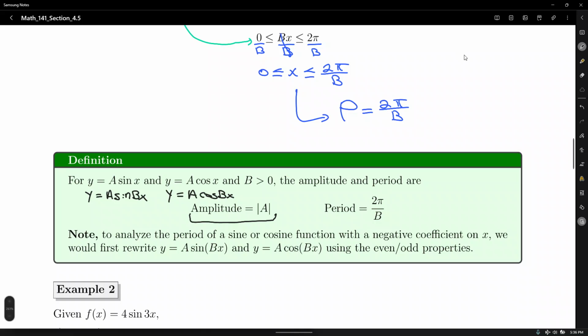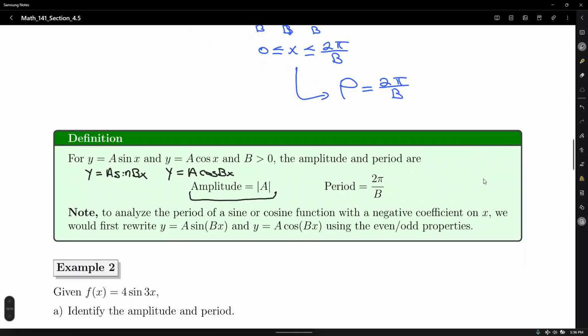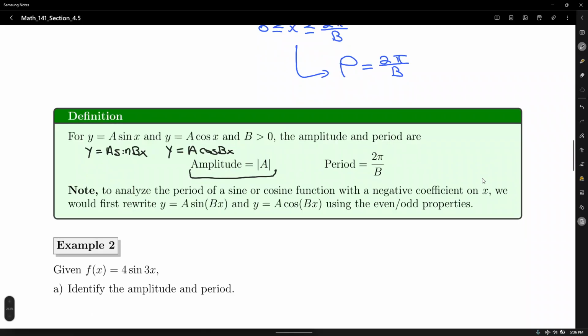Now, if you have, for instance, a function y equals 3 cosine of a negative angle, negative 5x, you would need to use the even and odd properties. That is, for cosine, the negative disappears, but for the sine function, the negative goes outside in front of the function. That's something we're going to do in more detail later.